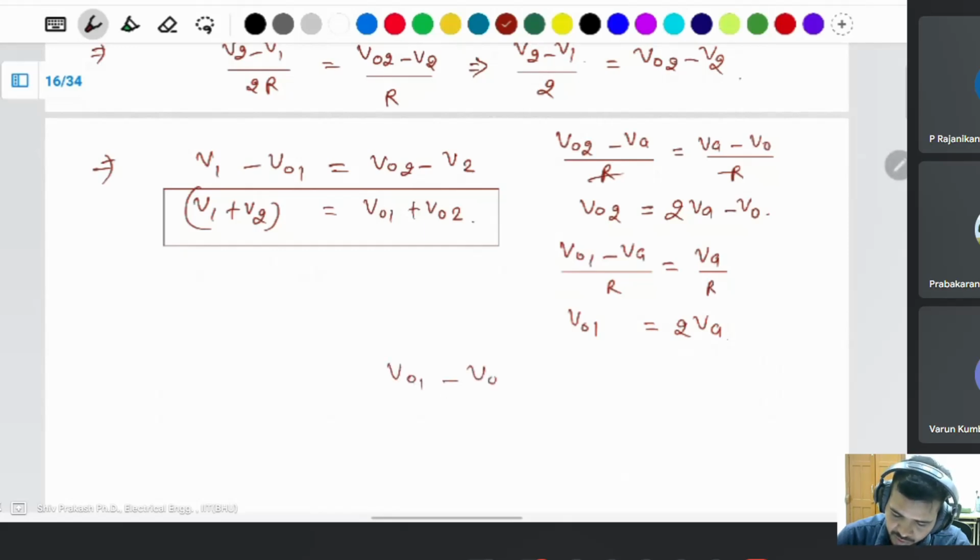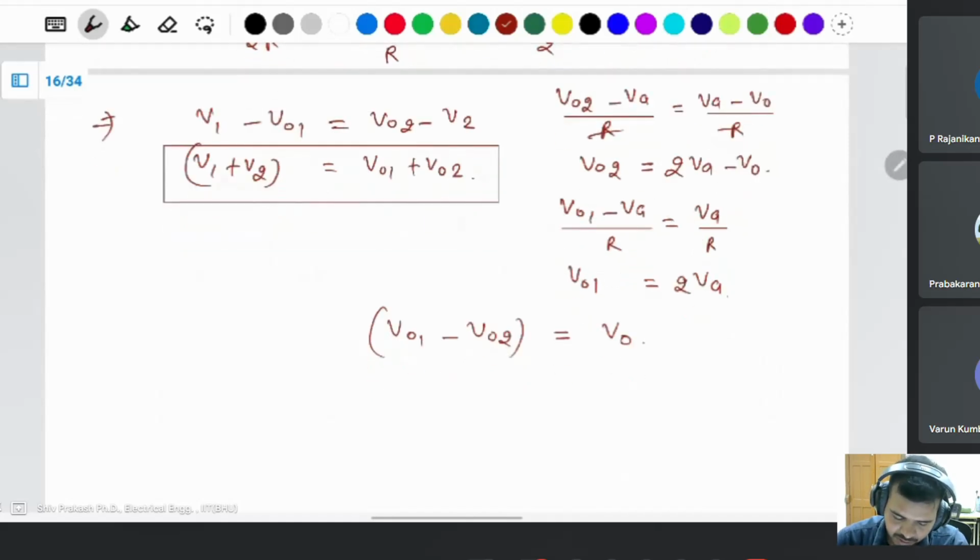V01 minus V02, this one you can find. This one is V0. Oh, there is some problem. V01 minus V02 is equal to minus V0 and V1 plus V2. I think there is some mistake.